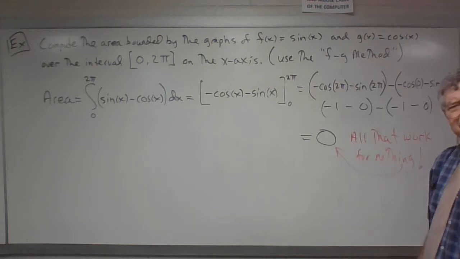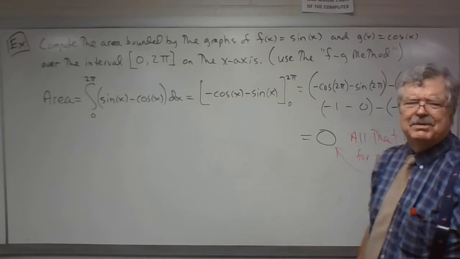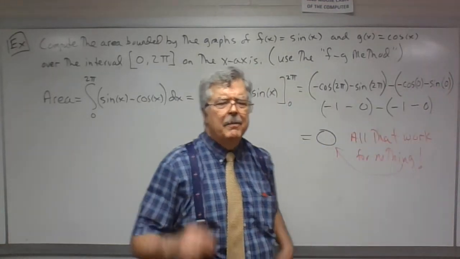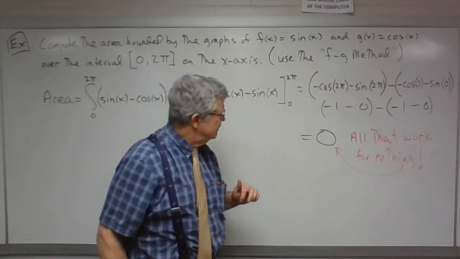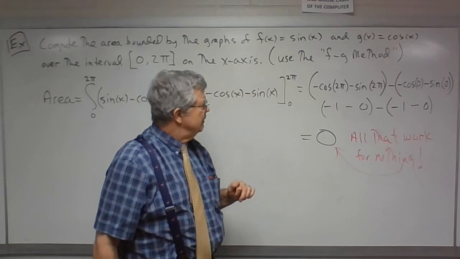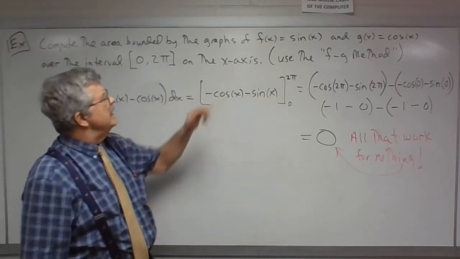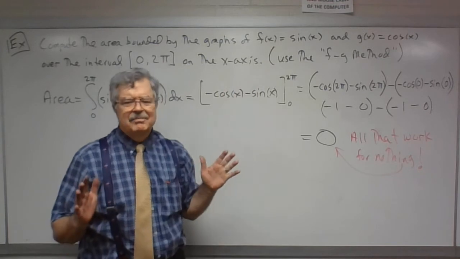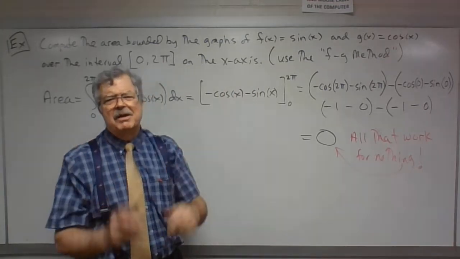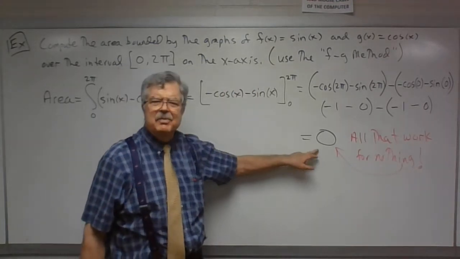I don't know, maybe it's right, but somehow I don't think so. The graphs of sine and cosine have to, there's some area between those graphs. How on earth did we get 0?